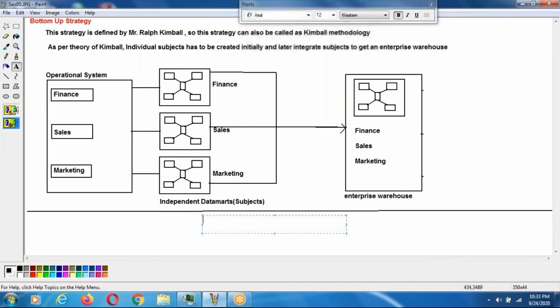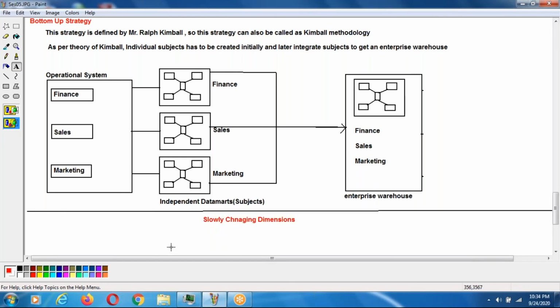Next, slowly changing dimensions. Already we studied what a dimension object is and what a dimension column is. In a similar way, there is a concept called slowly changing dimensions.